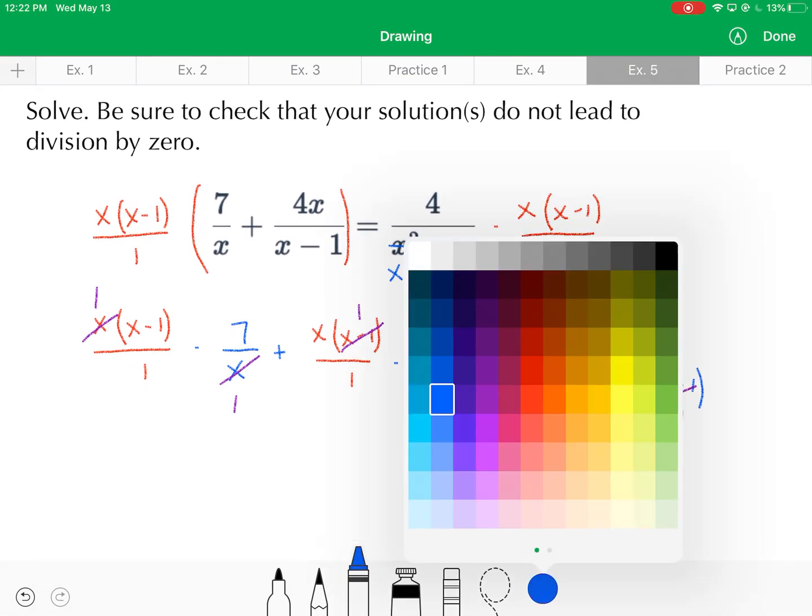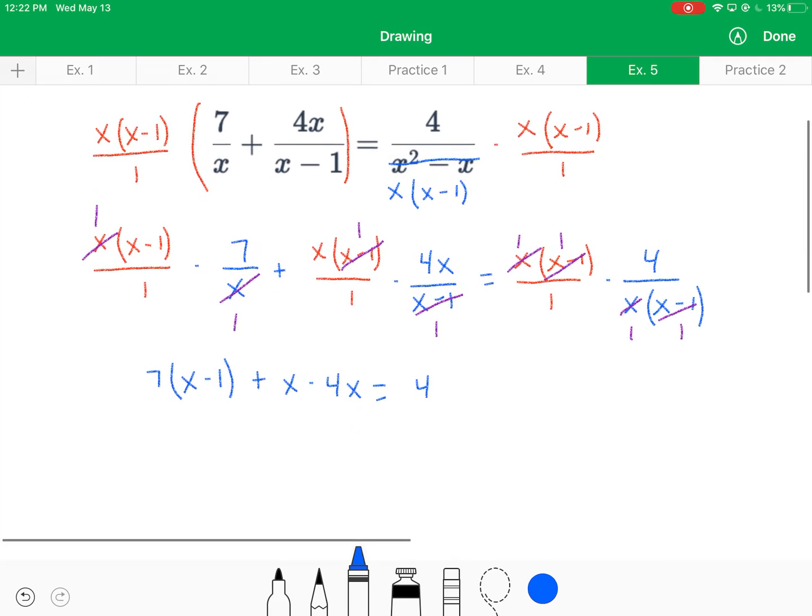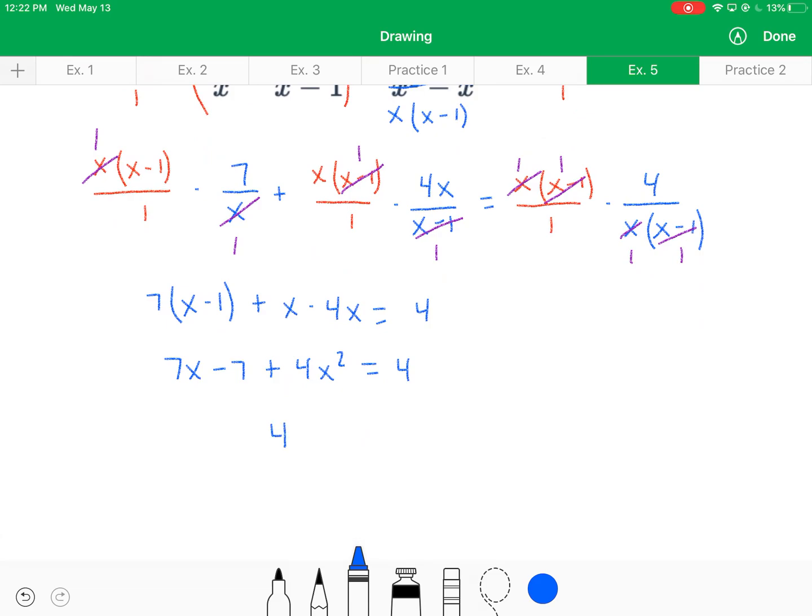We have 7 and x minus 1 plus x times 4x equals 4. So that's 7x minus 7 plus 4x squared equals 4, or 4x squared plus 7x minus 11 equals 0.